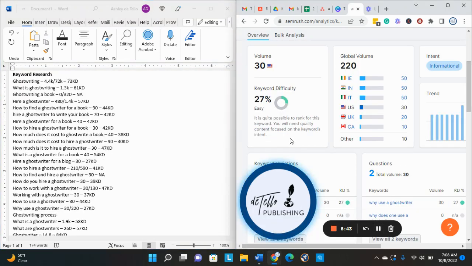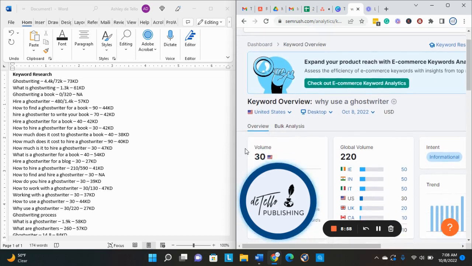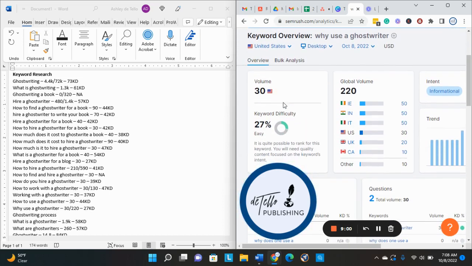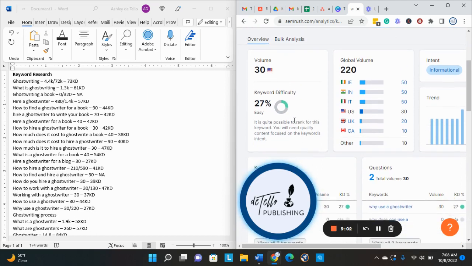Okay, here is another keyword that I just thought of as I was going through, because another good thing is to go through the who, what, when, where, why, and how with your keywords. And so I thought of the keyword why use a ghostwriter. It doesn't have a ton of volume, but the keyword difficulty is very, very easy.